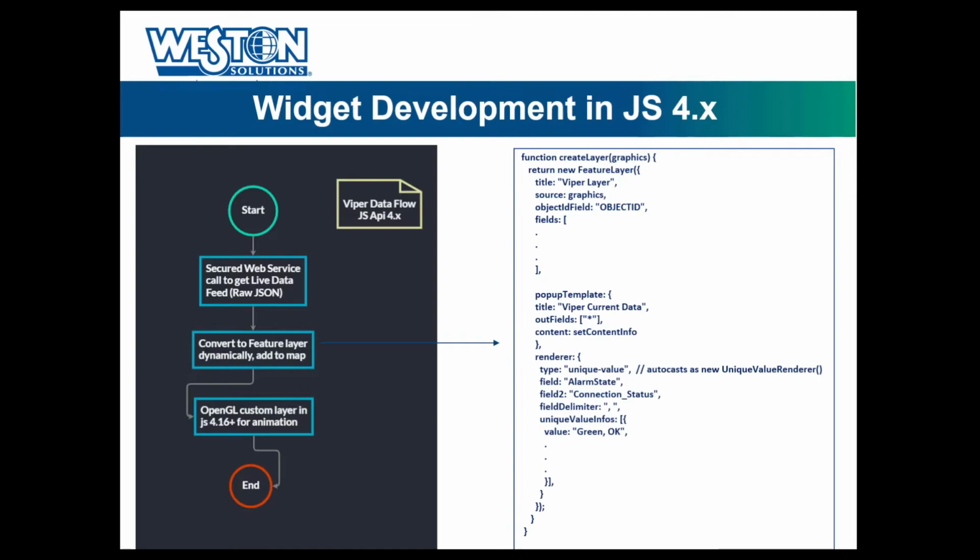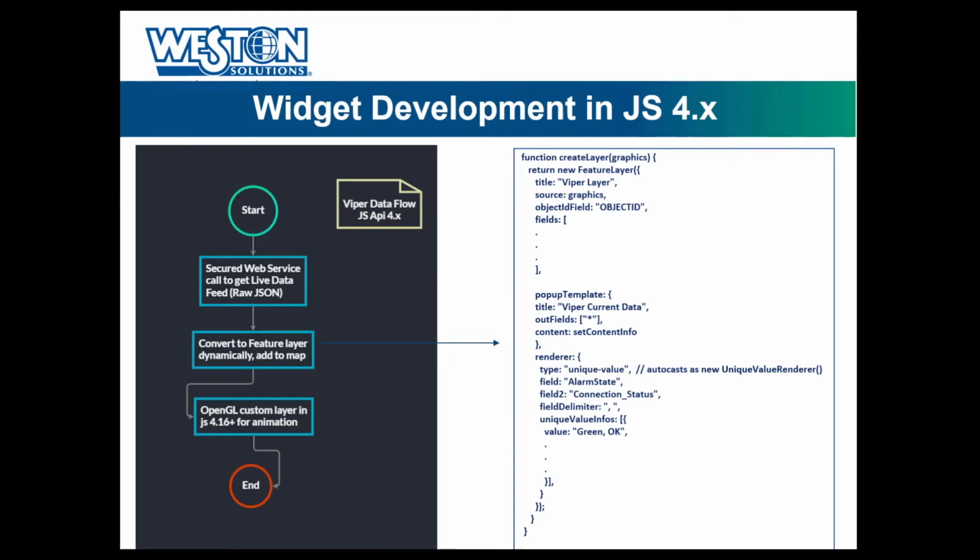So you'll see on the right here, that process we use to dynamically convert to a feature layer. And we'll use OpenGL for the animation for apps at 4.16 or above. So for this process, you can see that we skip that one step and streamline that flow a little bit.